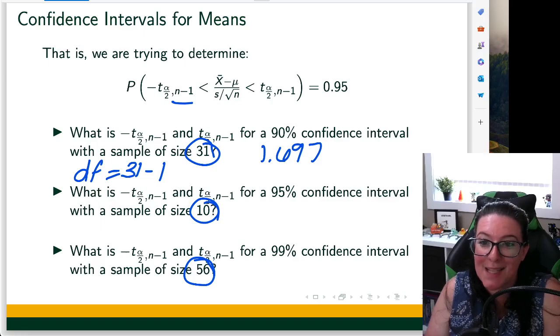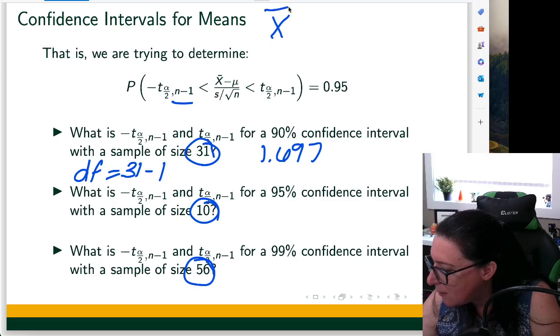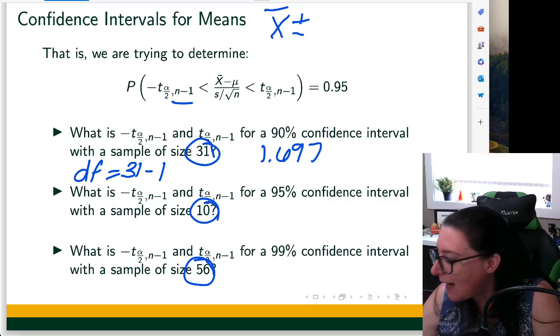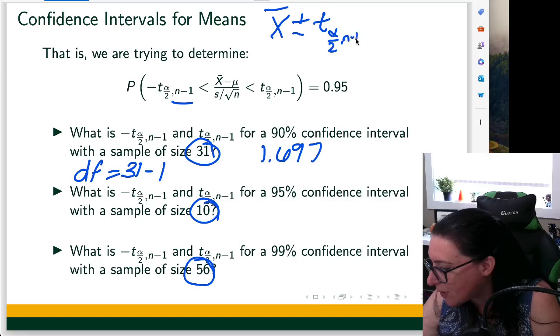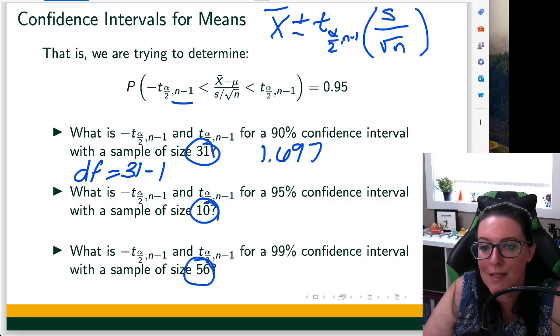Plus or minus, because we're going to do our formula just like we did before, where we have our point estimate plus or minus, and then this time we'll have our t, which depends on alpha and degrees of freedom, and then we'll have s divided by the square root of n. So just like before, we'll have the point estimate plus the margin of error. We need to find out what that t is.